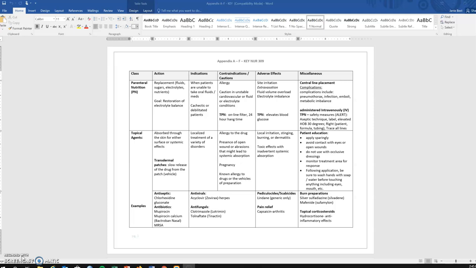There are several adverse effects, and they are related to fluid overload, to an electrolyte imbalance, and to the fluid shifts that occur because of the osmolality of these fluids.